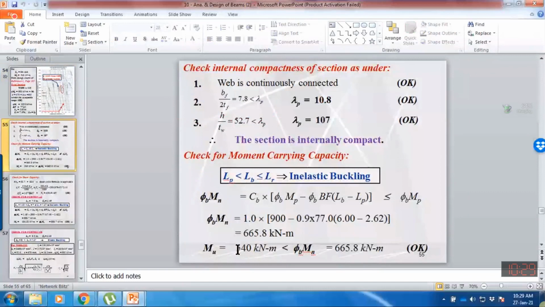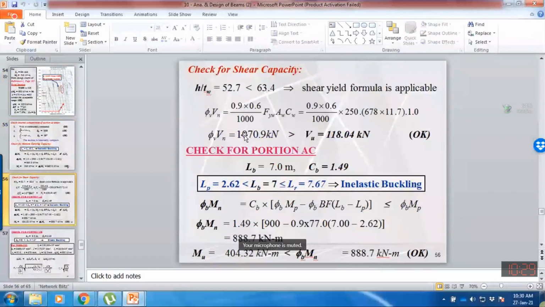But when we check the shear capacity of the same beam section, the shear capacity is coming out to be 1070.9, but our applied shear is 118. It means that the shear capacity is almost 9 times more, or maybe you can consider 8 times or 10 times more than the applied shear.